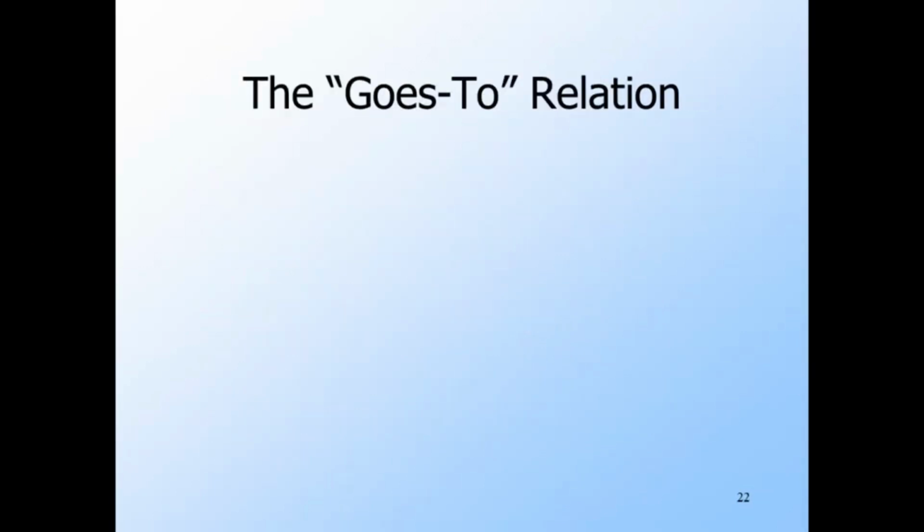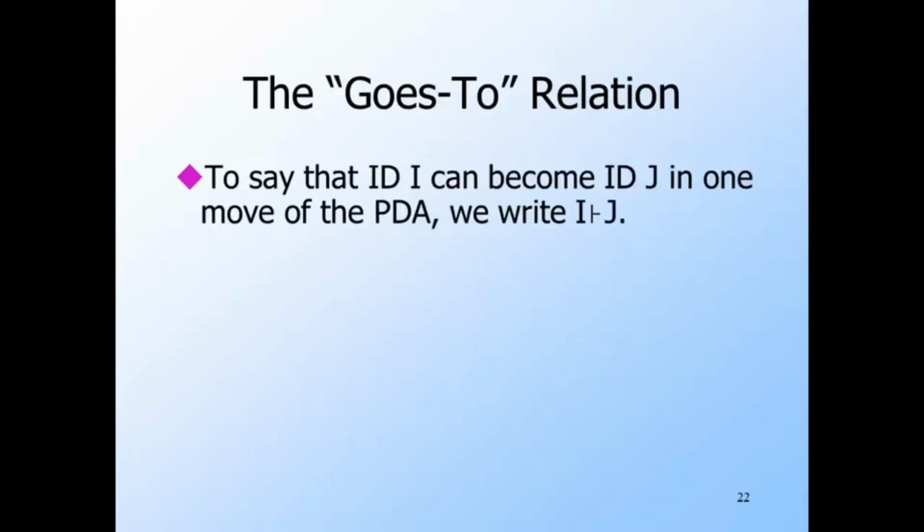There is an analogy between derivations for a grammar and sequences of IDs for a PDA. The IDs are analogous to the sentential forms of the grammar. In place of the double arrow, we use the turnstile symbol to express the idea that one ID I can become another ID J by one move of the PDA.